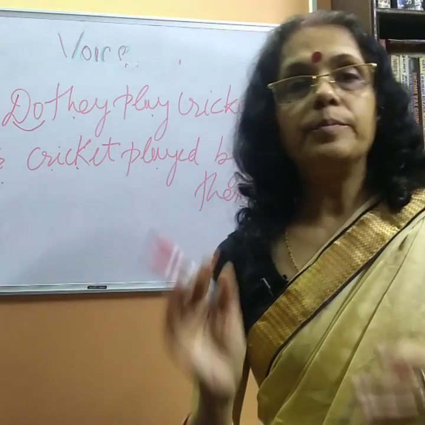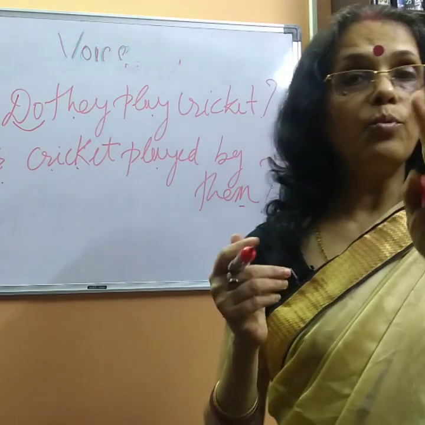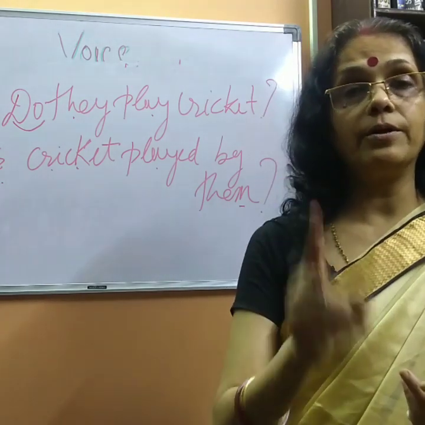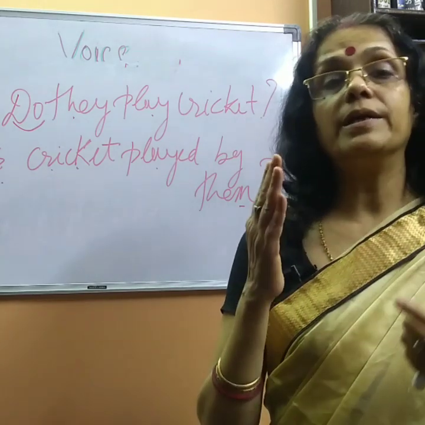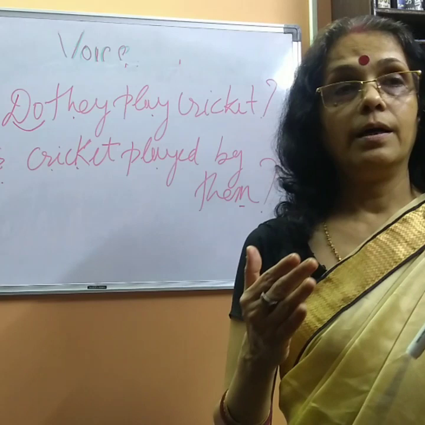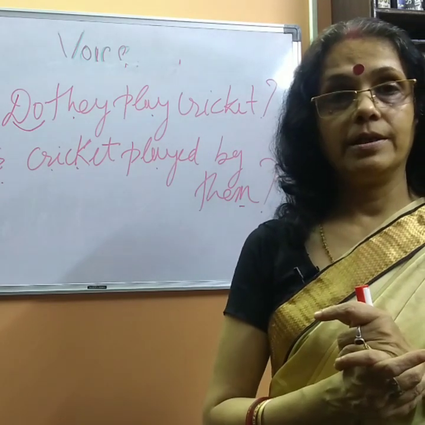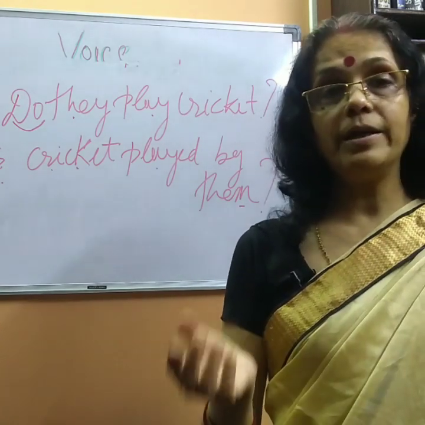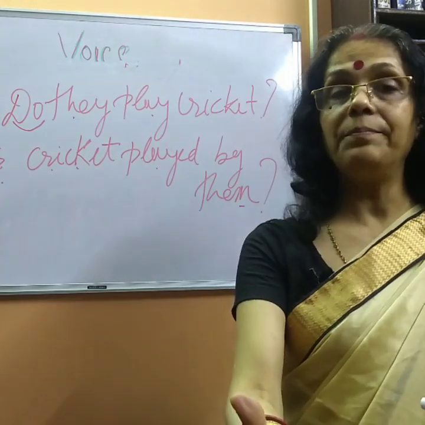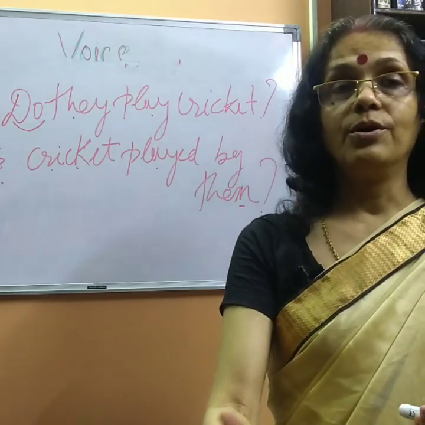So I hope there are no problems, and remember one thing, you can get a googly question where there are no objects, because the verb has to be a transitive verb in order to be changed into a passive voice.